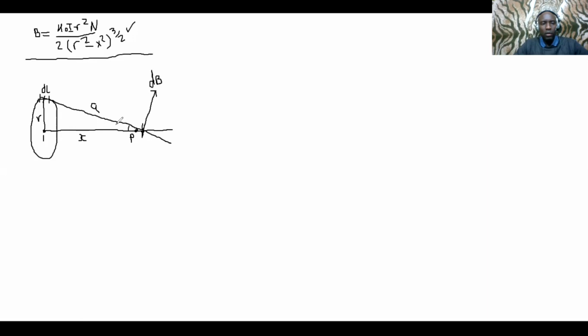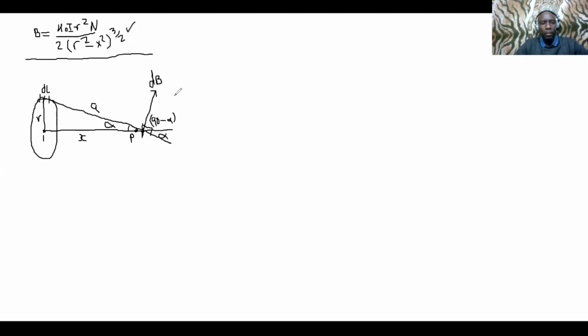This angle here we may call alpha, which will be the same as this one, and this is perpendicular, therefore it is 90 here. If this angle is 90 and this angle is alpha, the remaining angle here will be 90 minus alpha. This will be the angle between the horizontal and the magnetic field here.